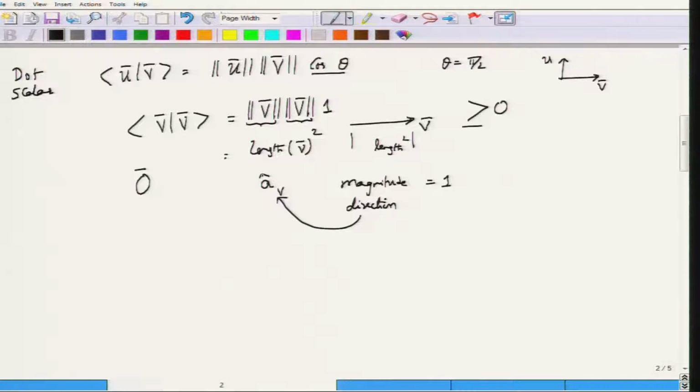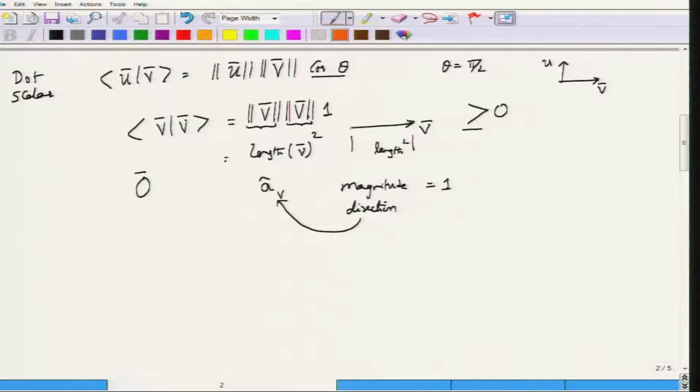The cap is to denote a unit vector, and the subscript v which we have written will tell us that the vector is directed along v. What do we mean by that? Well, consider this vector v here. The unit vector along this direction would be a vector which has a magnitude of 1 and is directed along the vector v. So, this particular vector which we have written in orange is the vector v hat. So, this would be the unit vector along v.